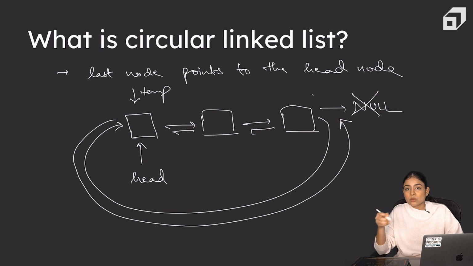But in case I want to traverse the linked list again, I have to come to my head node and then traverse. But here in a circular linked list, from the last node itself, I can reach my first node. Okay, so in those cases where we want continuous traversal of our list, circular linked list comes to our rescue.